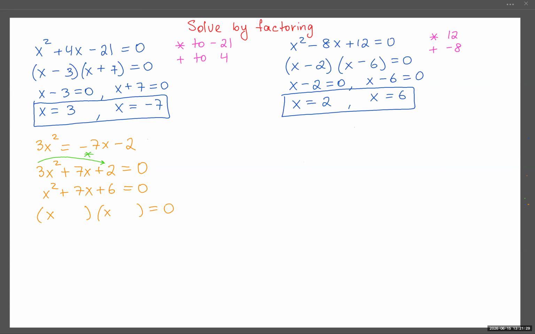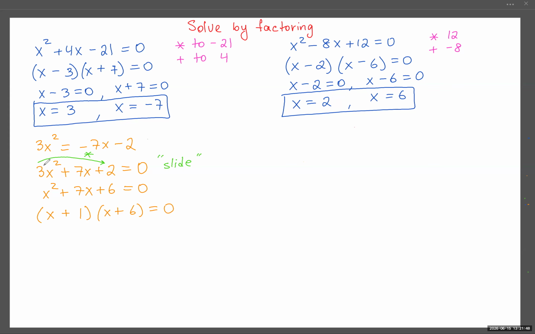So two numbers that multiply to 6 and add to 7, that's 6 and 1, both positive. We're not done though. This is a slide and divide technique. We did the slide in the second step. Now we have to divide.